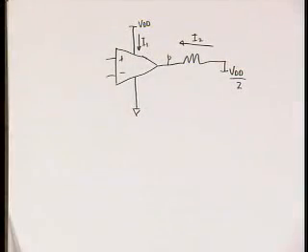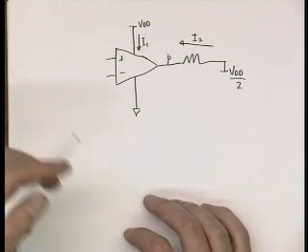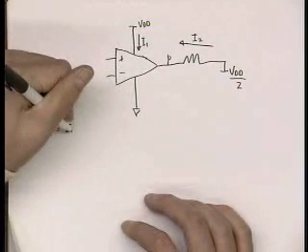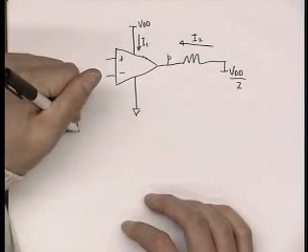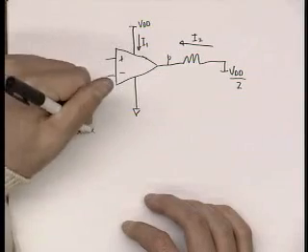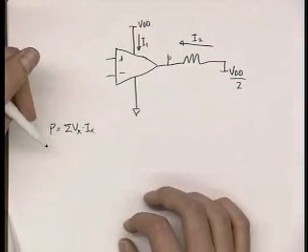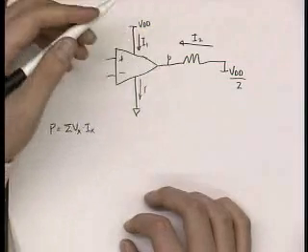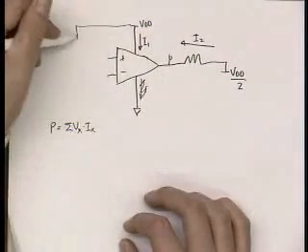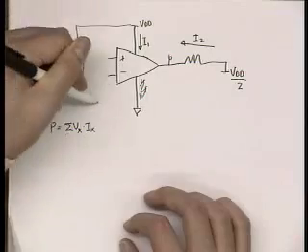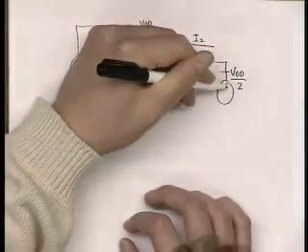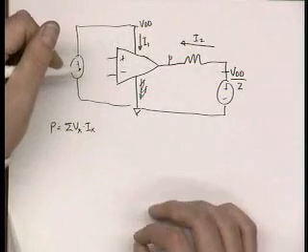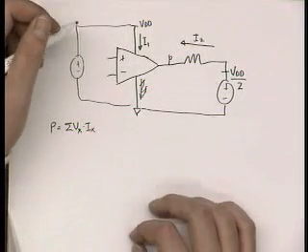So what is the power dissipation of this circuit? The total power dissipation in this network. Power dissipation is equal to the sum of Vx times Ix, where V is the voltage across a certain branch, and I is the current across a certain branch.